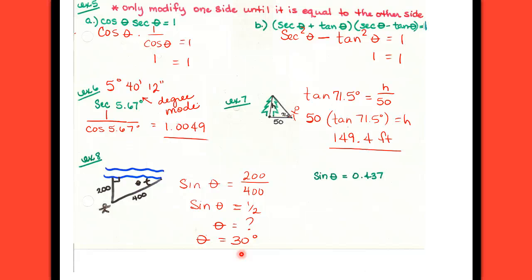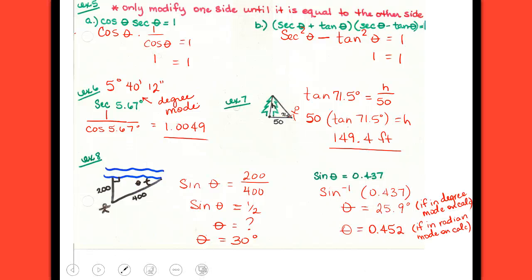So if it was something like the sine of 0.437, that's not a value on my circle, I could put that in my calculator, right? So I could type in inverse sine or second sine of 0.437, and then it will tell me the angle, 25.9, that I took the sine of that gave me that value.